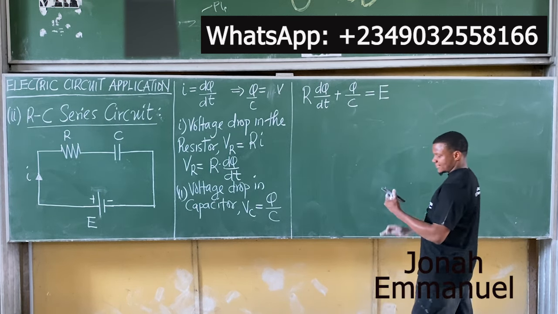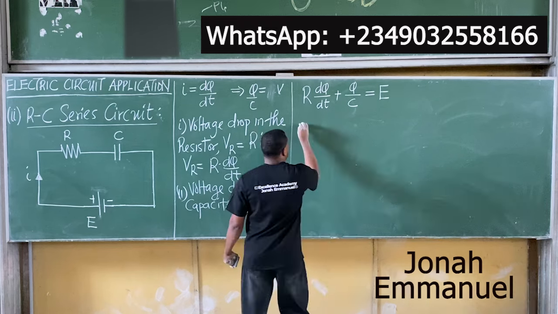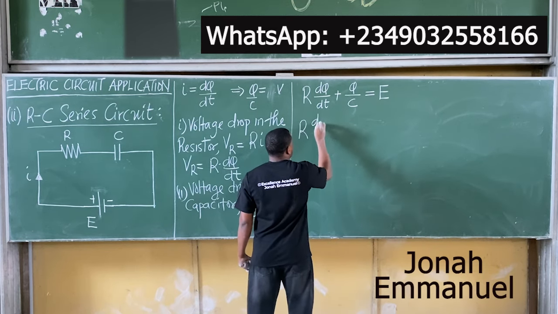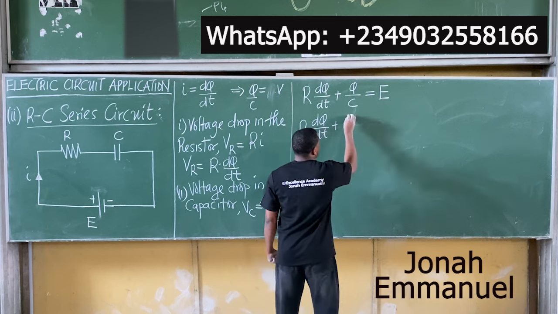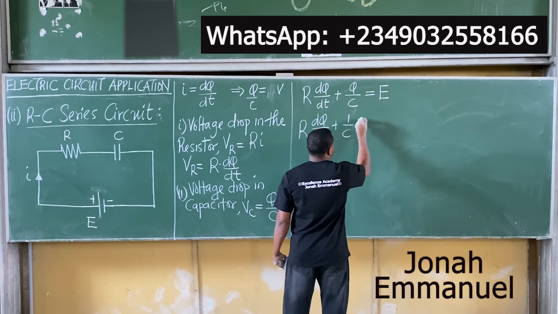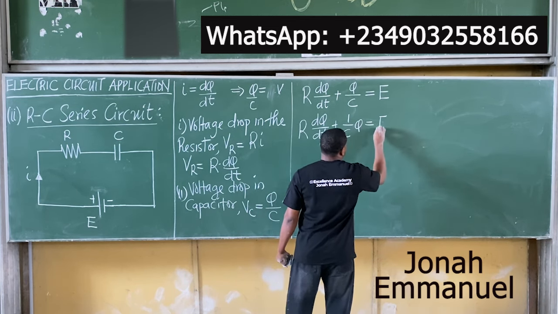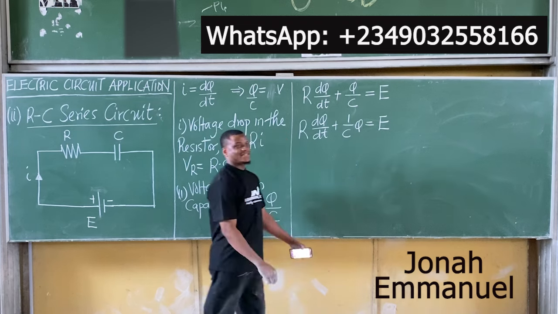If we shift this, we can see that this becomes R dq dt plus 1 over C times Q is equal to E.